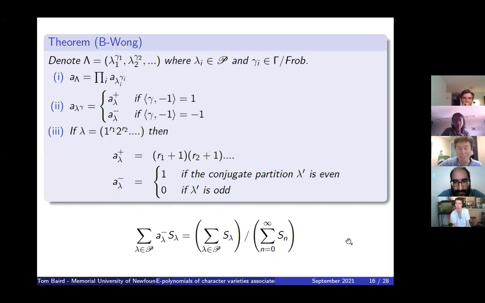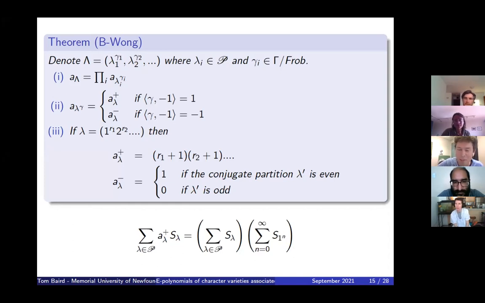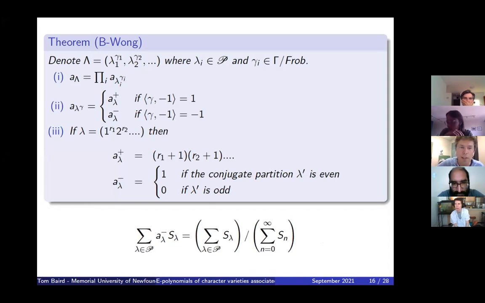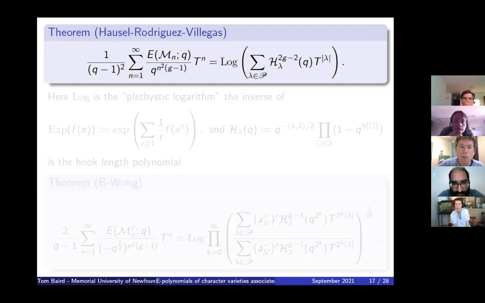Okay. Anyway, this was an amazing discovery when we found it. It was a delight, but I don't think I can quite persuade you of that in the time I have left. And then we get these really nice formulas for the e-polynomial. So here's the formula of Hausel and Rodriguez-Villegas.